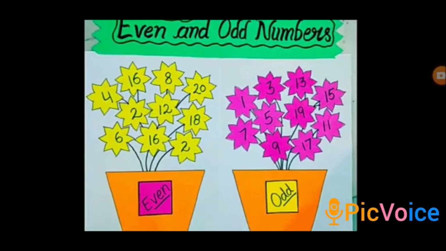Now see this one children, even and odd numbers. Okay, you are seeing colorful flowers, right? Yes, so the yellow color flowers belong to even numbers. See the numbers: 4, 2, 6, 16, 12, 8, 18, 20, 2.